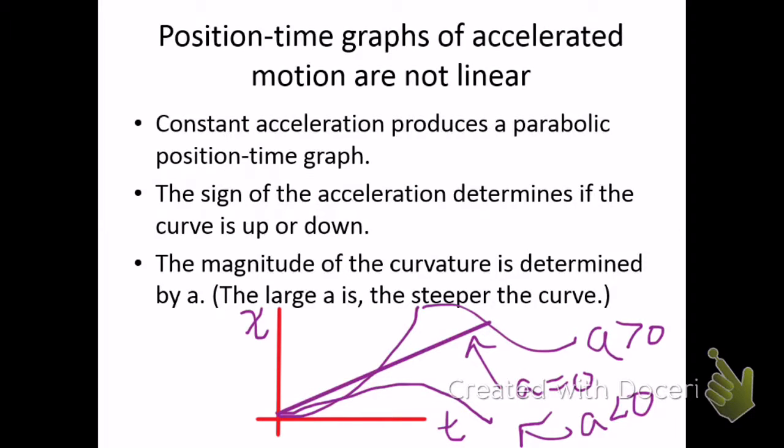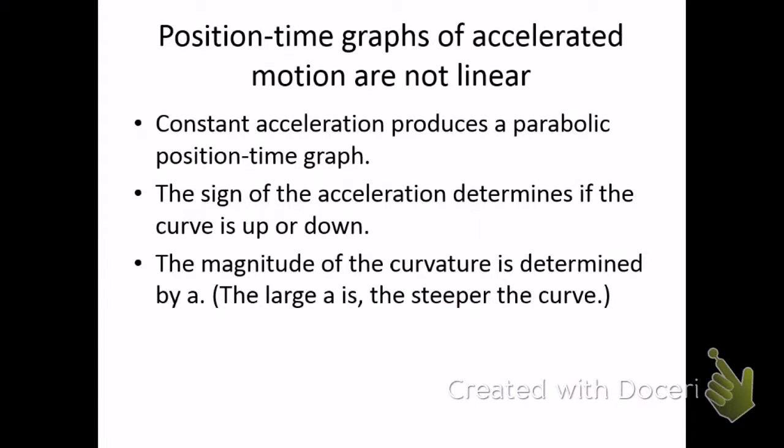Right? The next thing we are looking at is the fact that the magnitude of curvature is determined by a, as in the acceleration. What I mean by that is the fact that the larger a is, the steeper that curve. I can go ahead and draw my axes again, my position and time.